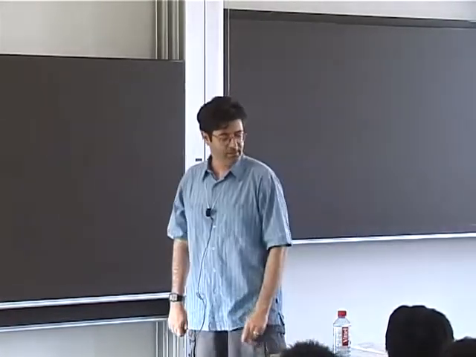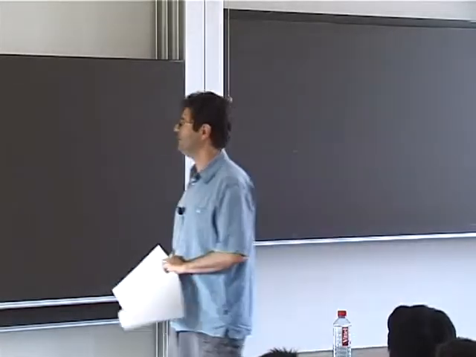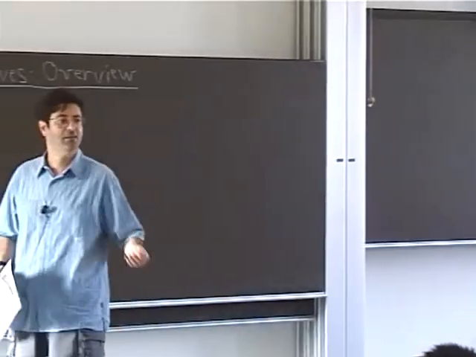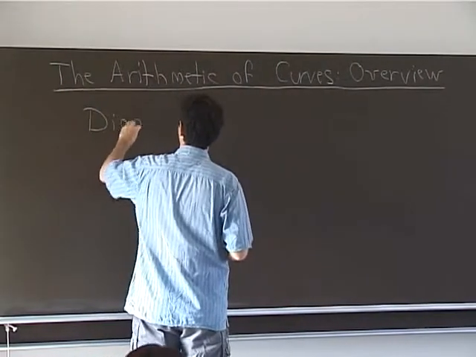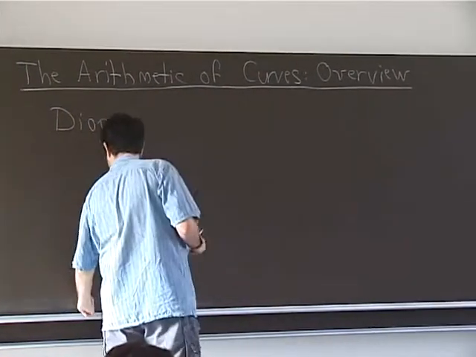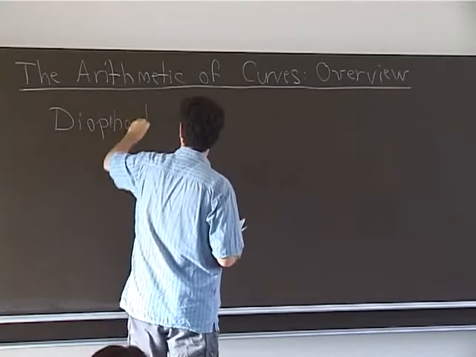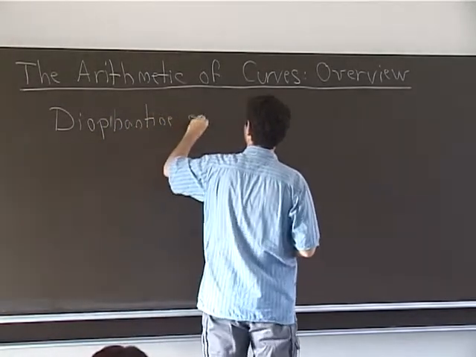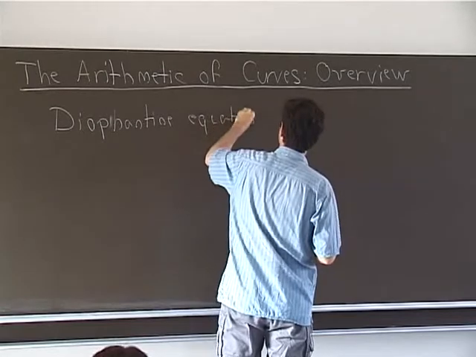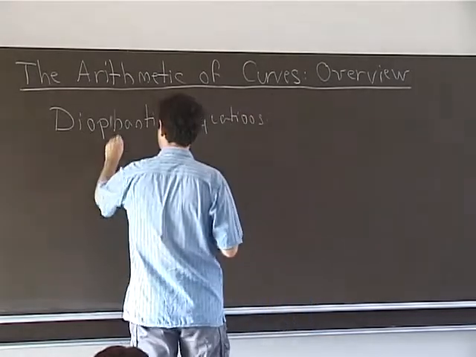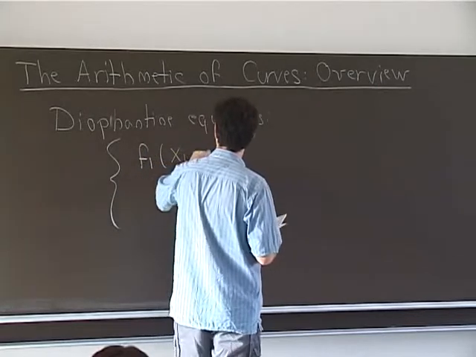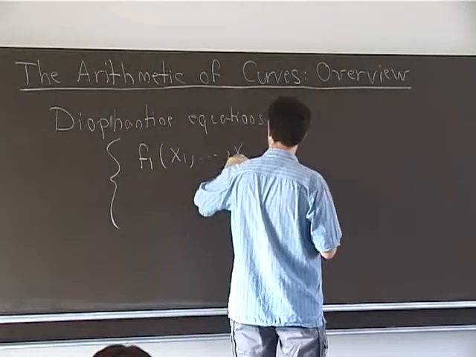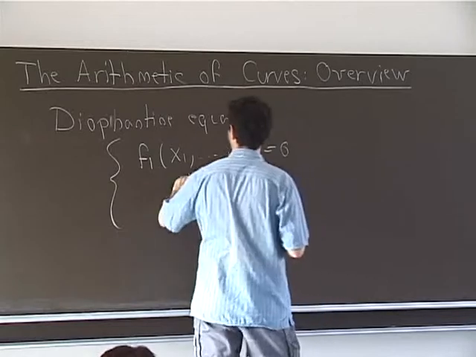Okay. So the basic object that we're interested in, of course, in this entire summer school are Diophantine equations. And these, as you all know, are systems of polynomial equations in any number of variables, f_j(x_1, ..., x_n) = 0.